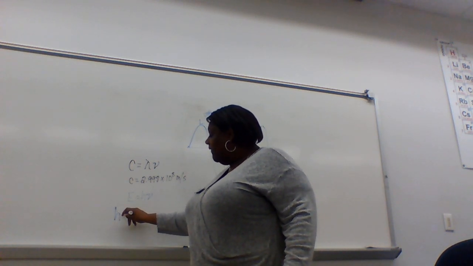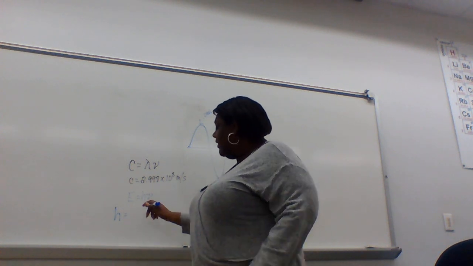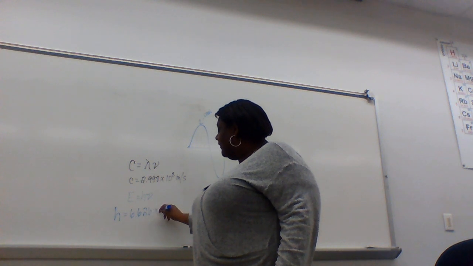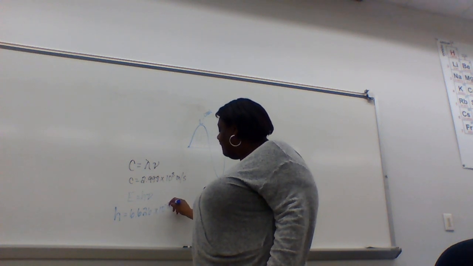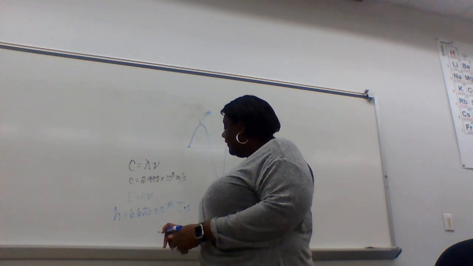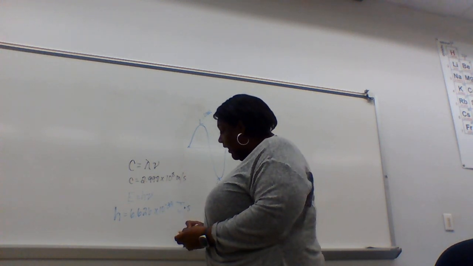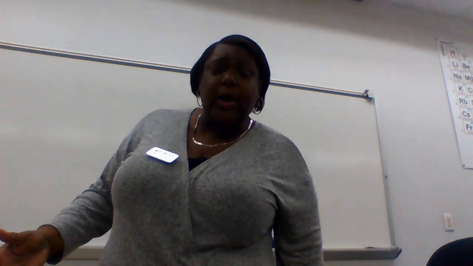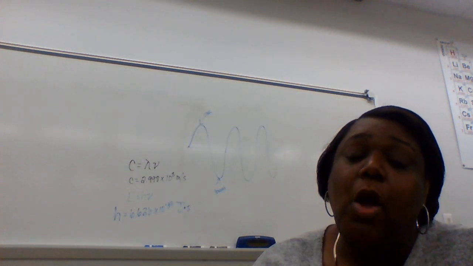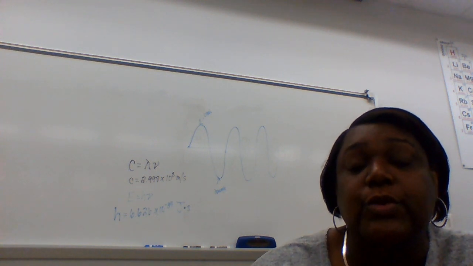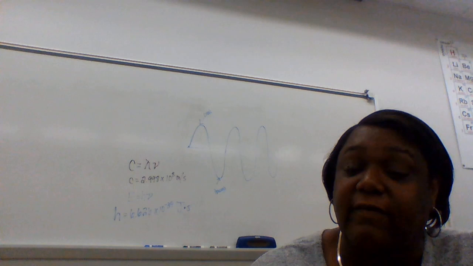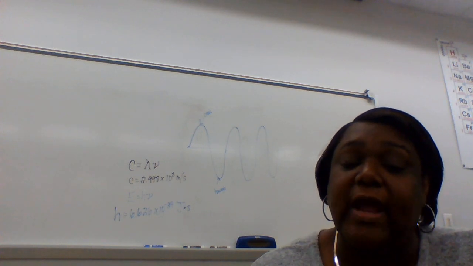The value of h is a constant. It's actually 6.626 times 10 to the -34, and the units are joules times seconds. And so you will have to, again, know how to do conversions with that kind of problem. What happens if I give you frequency and I ask you to find energy, or if I give you energy and ask you to find frequency, how would you do that?